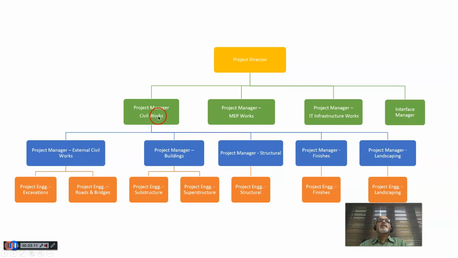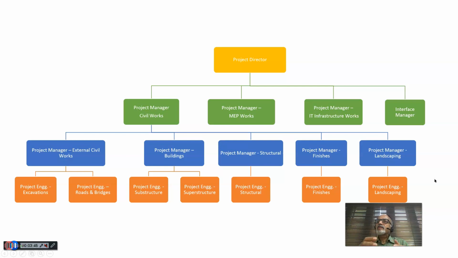Then under project manager civil works, we have project manager external civil works, project manager buildings, project manager structural, project manager finishes, project manager landscaping. And under that, project engineers come in. Project engineer excavations, project engineer roads and bridges. Here project engineer substructure, superstructure, structural, finishes, and landscaping.